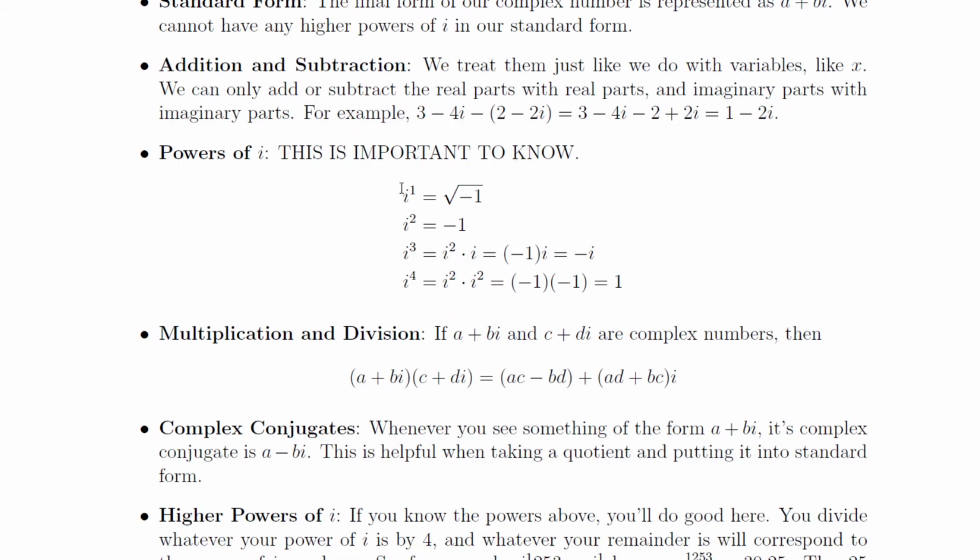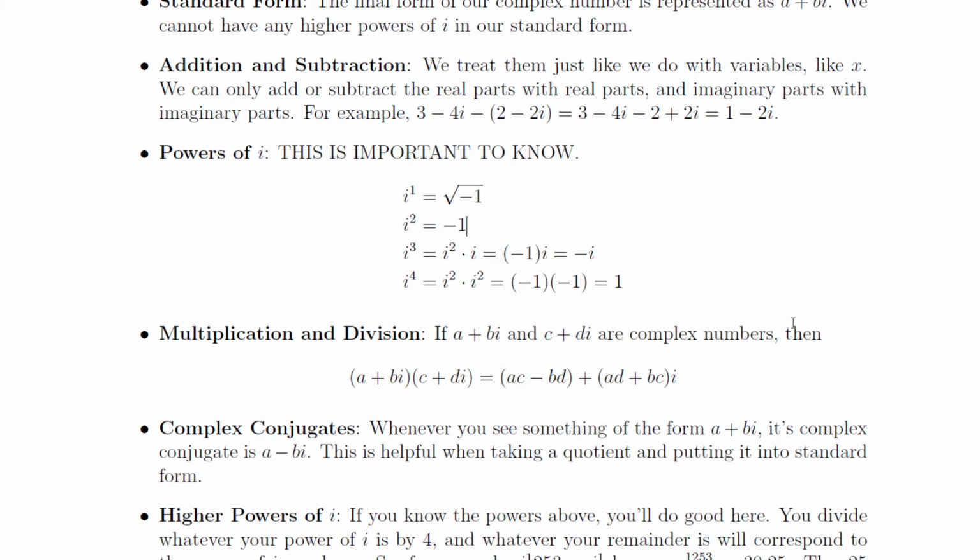These are actually pretty important to know. The reason why is because as soon as you start increasing to higher powers, which we'll talk about a little bit further down, they actually rotate. When we go up to i to the fifth, we start right back at i to the first, with square root of negative 1. i to the sixth is the same as i squared, which is negative 1. i to the seventh is the same as i to the third, which is negative i. i to the eighth is the same as i to the fourth, which is positive 1.